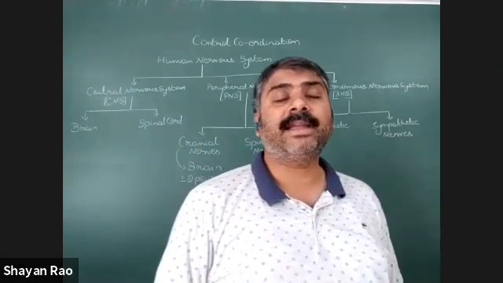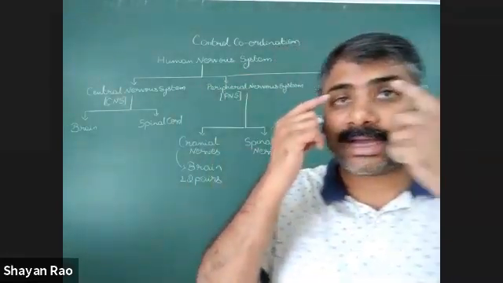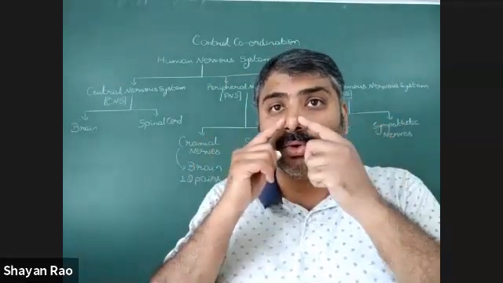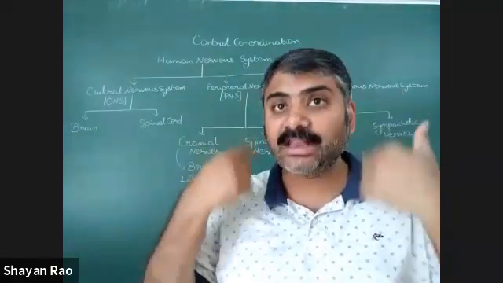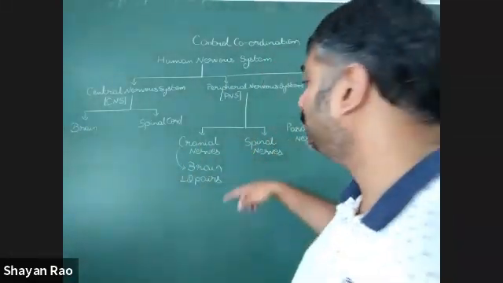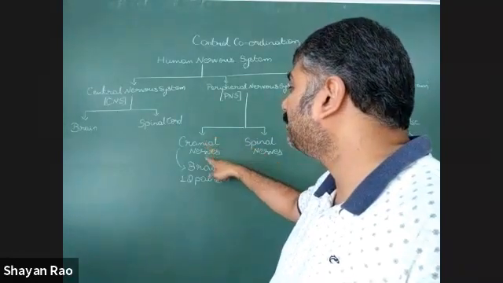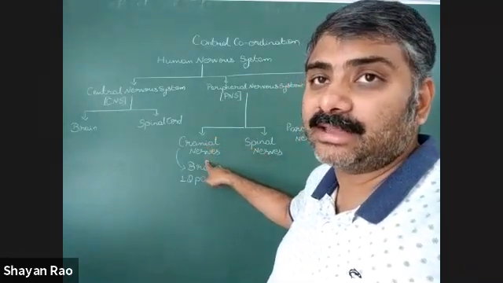From the brain they are connected to the eyes, ears, nose, tongue, face, as well as the neck region. The nerves connecting to all of these arise from the cranial nerves.